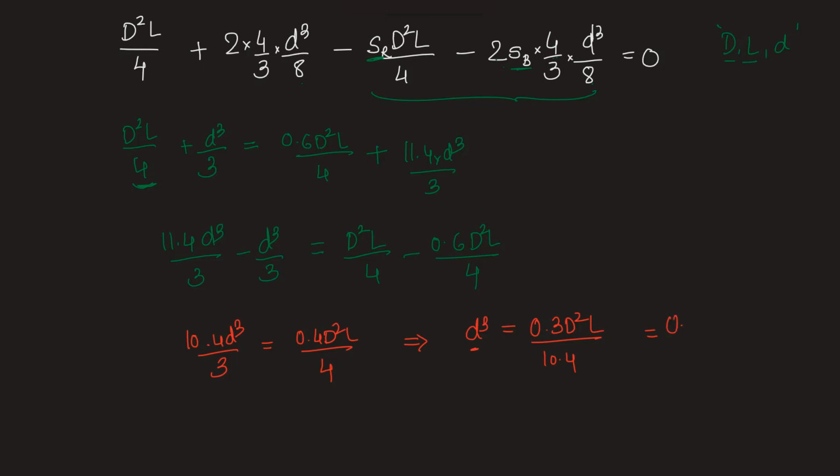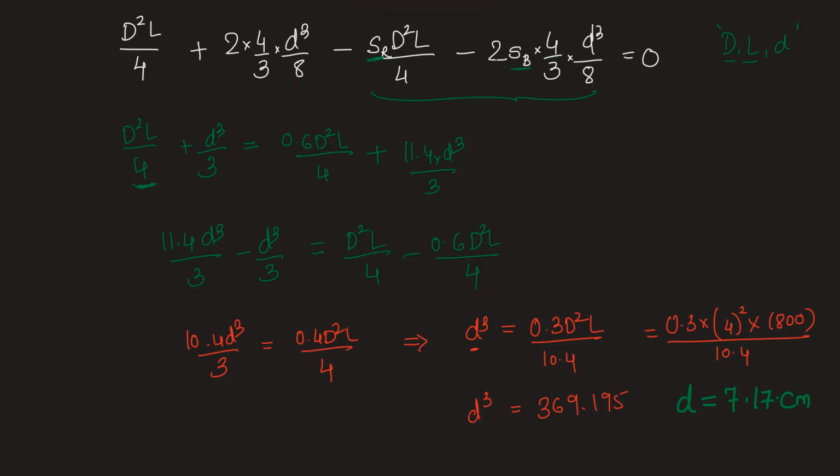So we'll have 0.3 into 4 square into L will be 800 centimeter divided by 10.4. This gives us the value of d cube as 369.195. And taking cube root on both sides will give us the value of d. So d turns out to be, cube root of 369.195 is 7.17 centimeter.